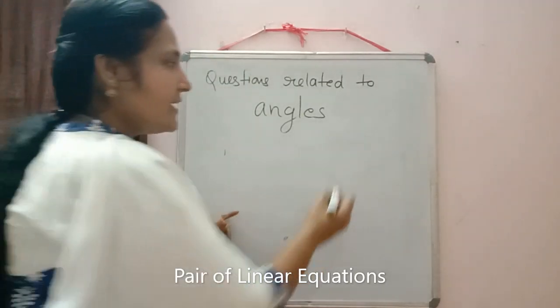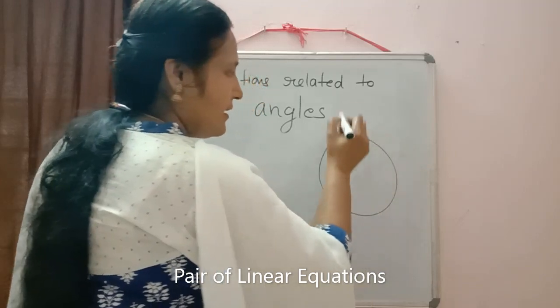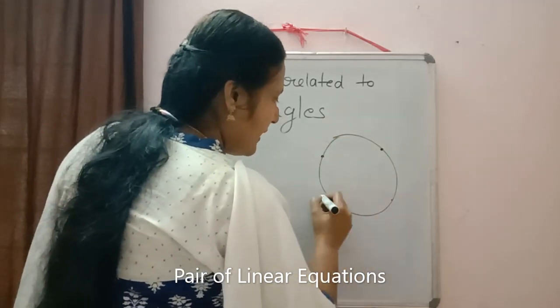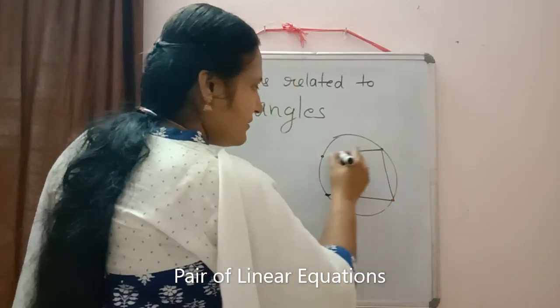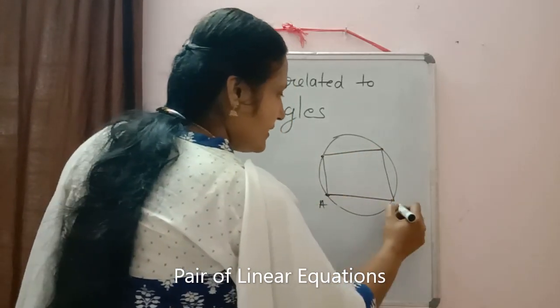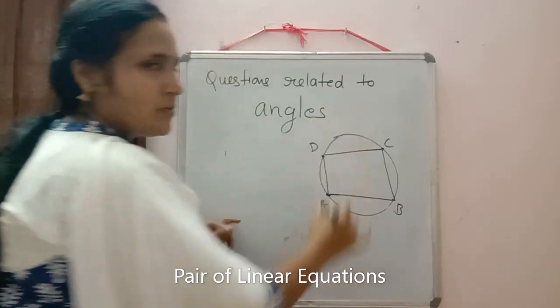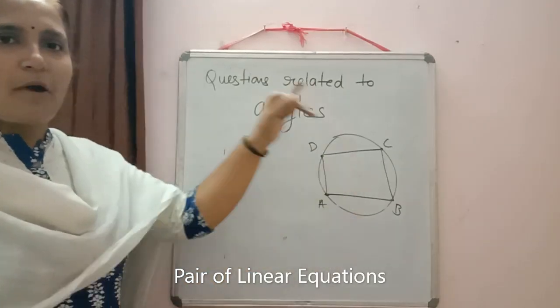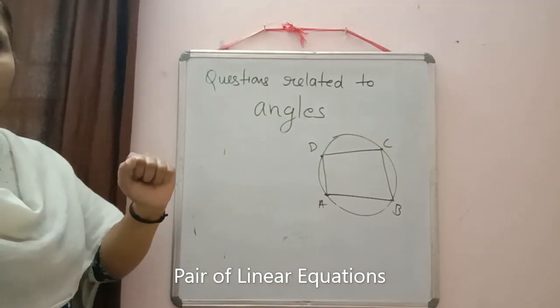One more we studied, the cyclic quadrilateral. If all the points of a quadrilateral lie on a circle, then we say that type of quadrilateral is a cyclic quadrilateral. Do you remember any property related to a cyclic quadrilateral?